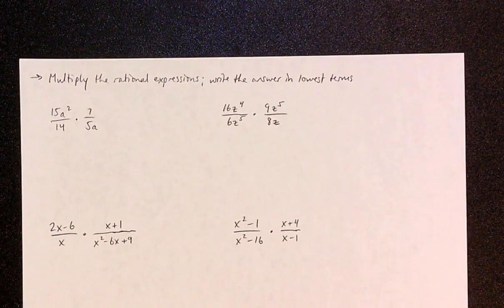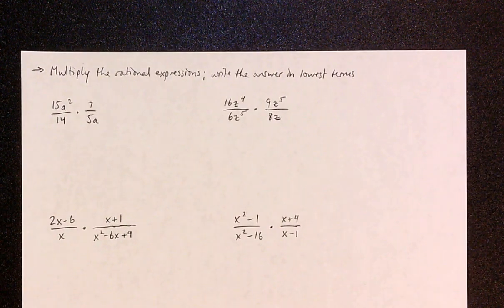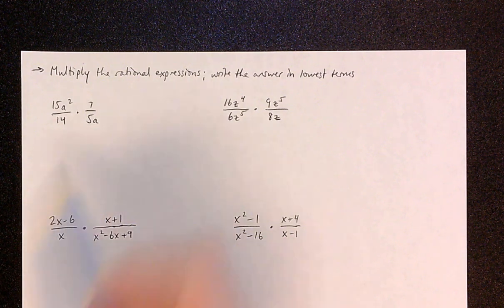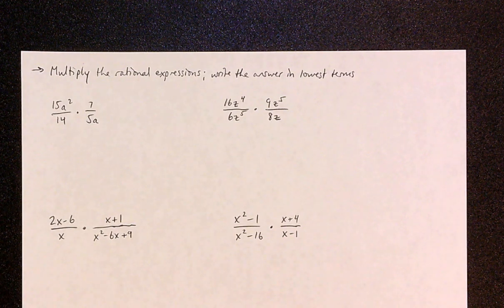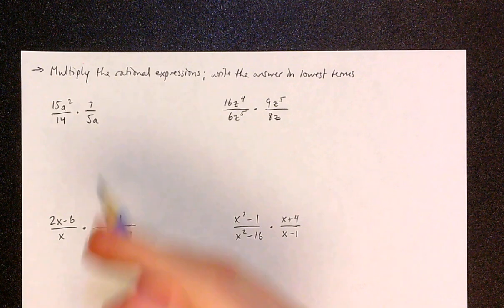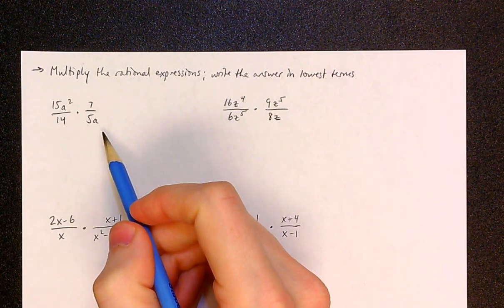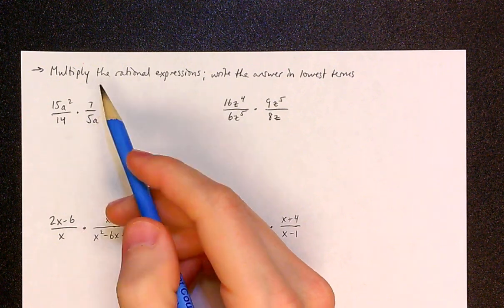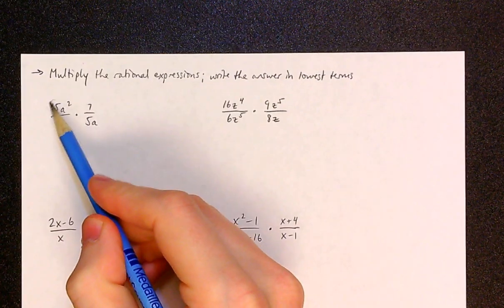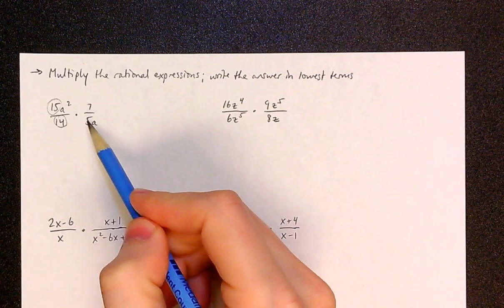So let's multiply and divide some rational expressions, and we're also going to write our answers in lowest terms. So looking at the first one here, 15a squared divided by 14 times 7 over 5a. Now, something that you don't have to, but you can do, is look at the numbers in front first.